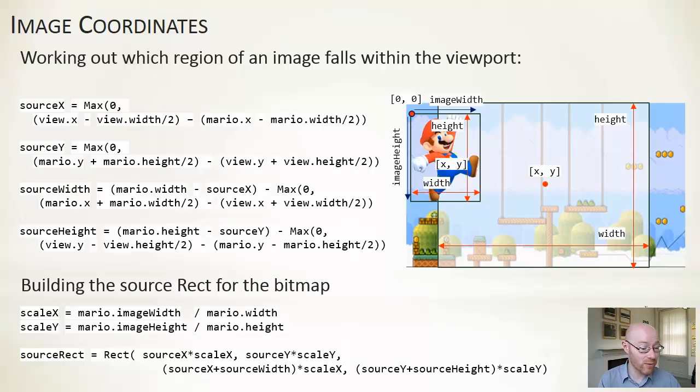So we do scaling along the X and the Y, and then finally we can work out our source rectangle, where we're taking the source values that we've calculated and we're simply scaling them based on the bitmap. A fair amount of stuff has happened here, but each step on its own is reasonably simple, reasonably logical. We're simply piecing them together.